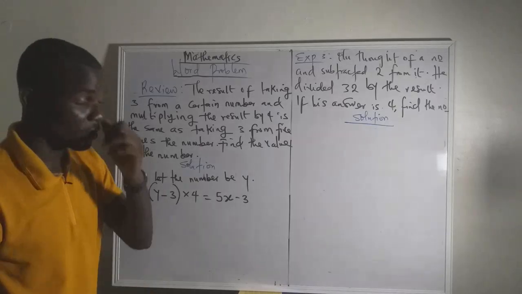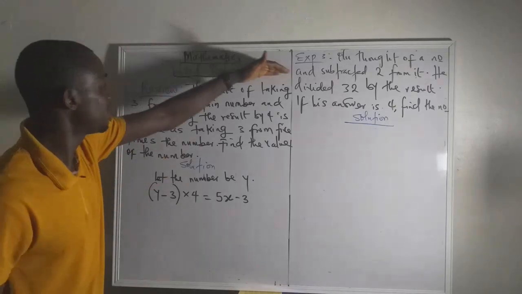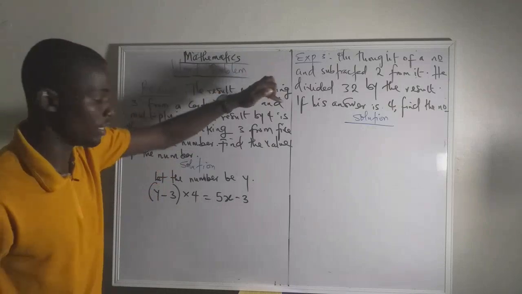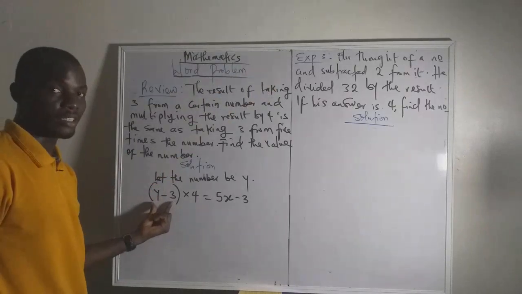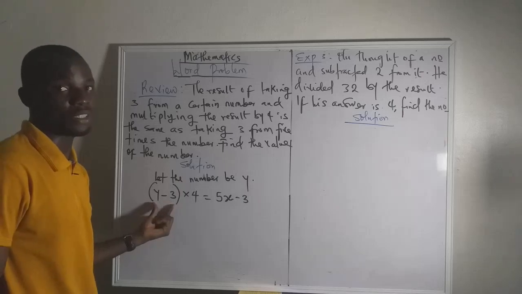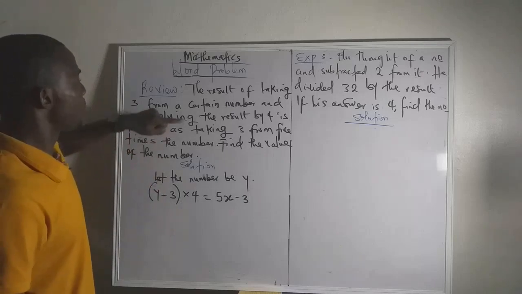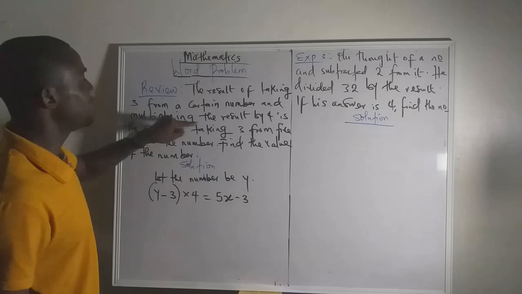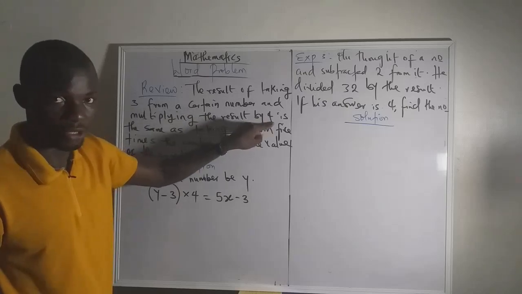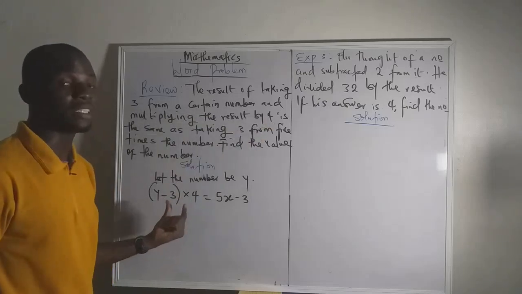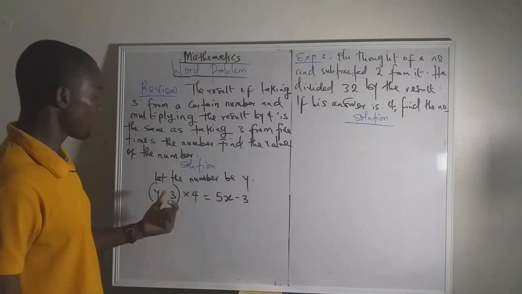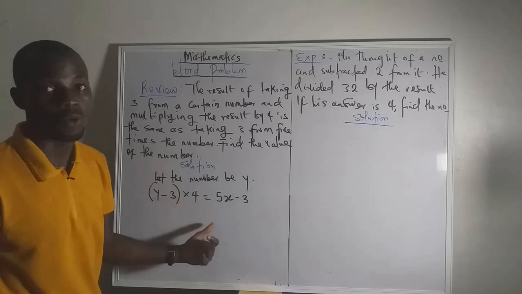Let me go over the question again. The result of taking 3 from a certain number, this is the representation of that, y minus 3. That is, you take away 3 from y. And multiplying the result by 4. Like I mentioned, the result of y minus 3 is still the same thing as y minus 3. And so we are multiplying it by 4.